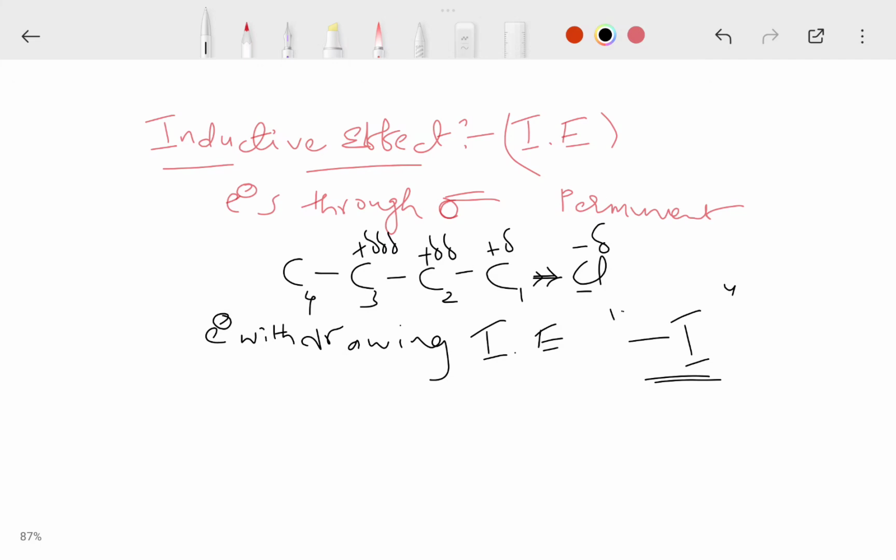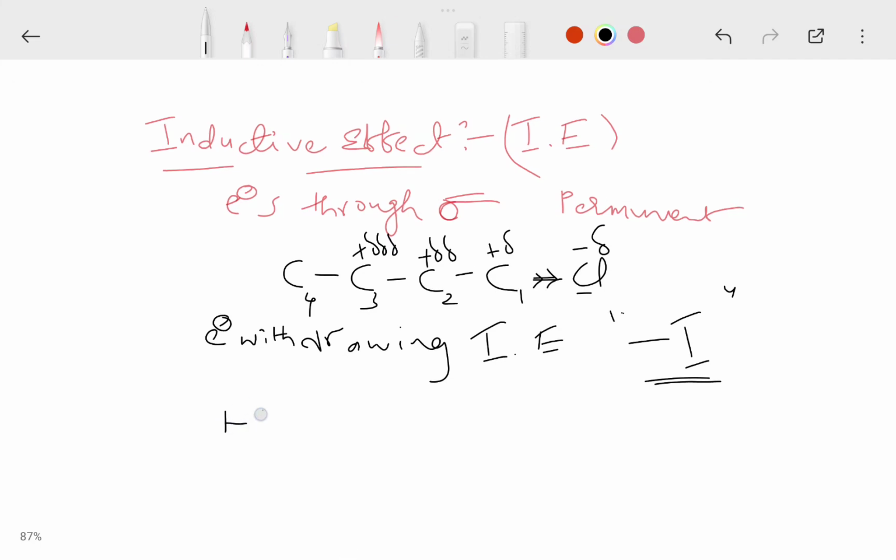For example, NO2, fluorine, COOH, and Cl, Br, OH.